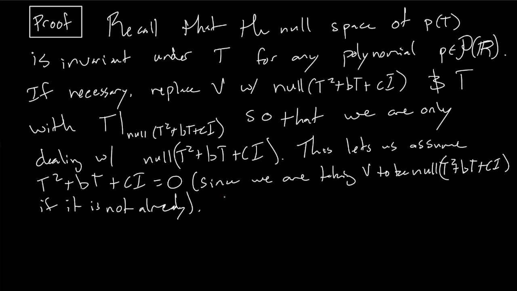Hence, what we need to do now is show that the dimension of V, which is the null space of T squared plus bT plus cI, since we've replaced V with that, is even.